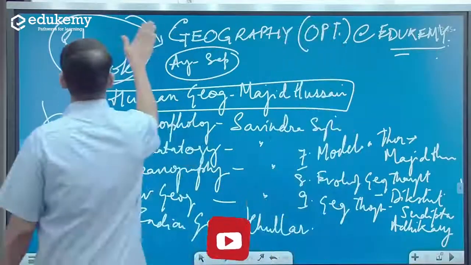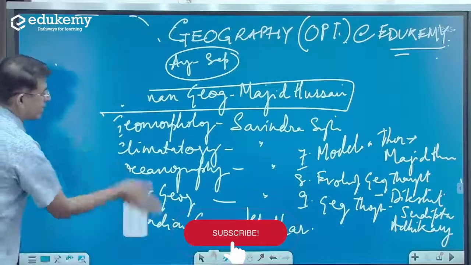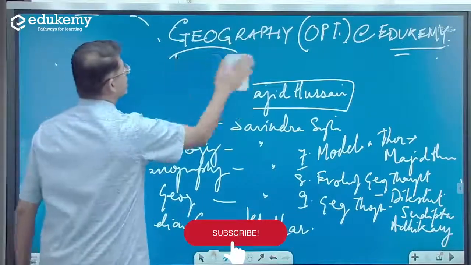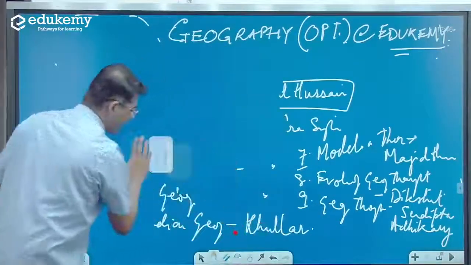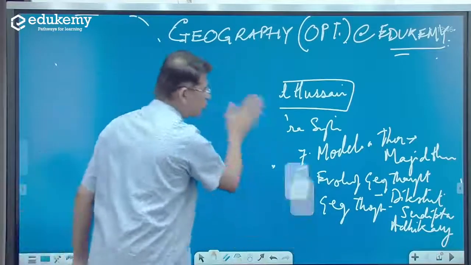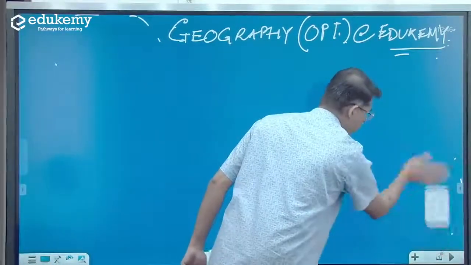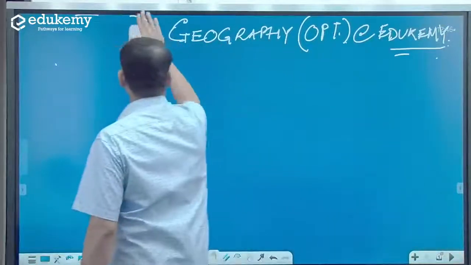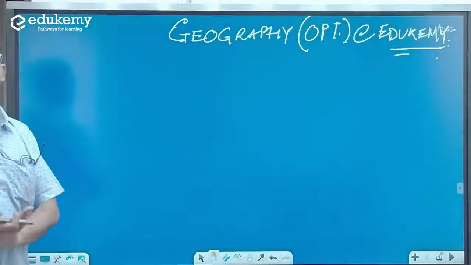Now apart from this, we also require some basic readings. The basic readings are not something I will force you to read, but I expect that those are the topics you should cover on your own. Those are topics, if you are able to finish in a span of maybe 20-30 days, it will help you understand geography better.